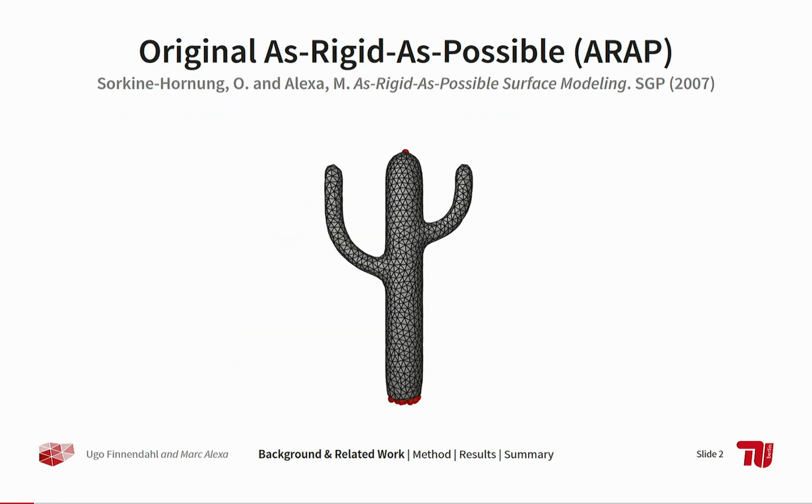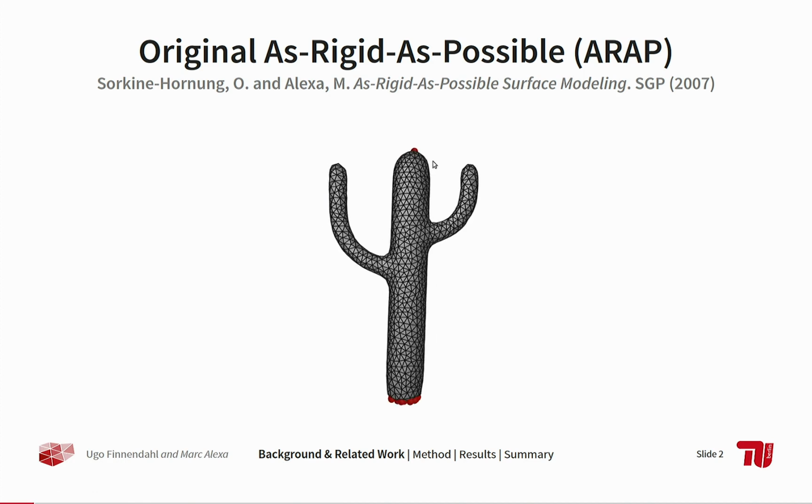So we are in the setting of mesh deformation, and we start with the original as rigid as possible paper that was presented 19 years ago here at SGP. The idea is that we have this mesh and some constraints, and we can move them around.